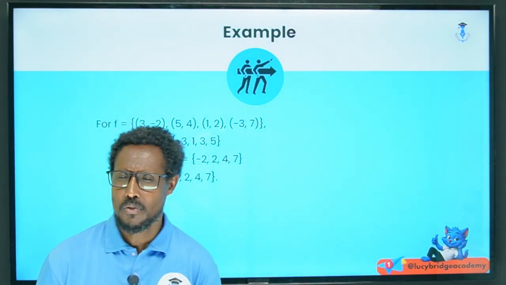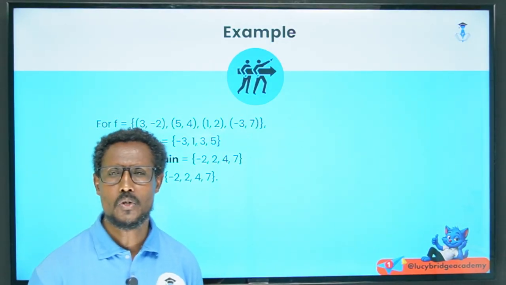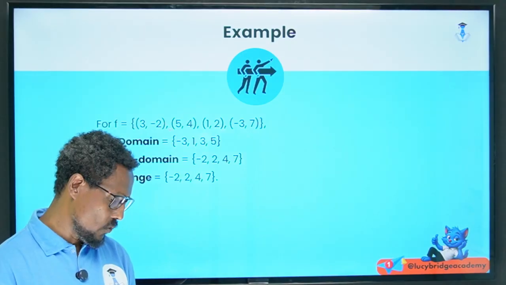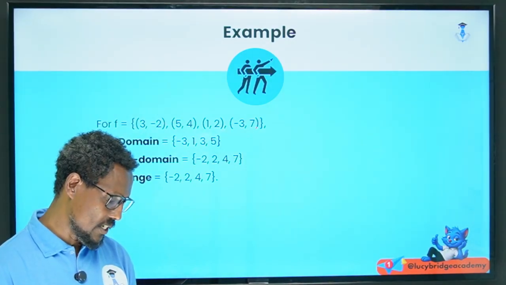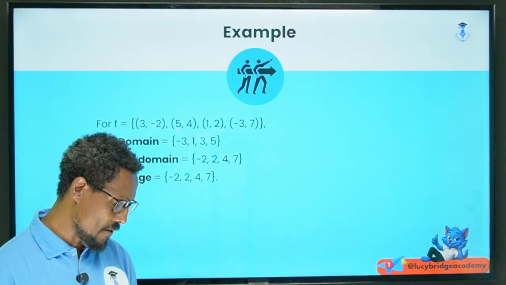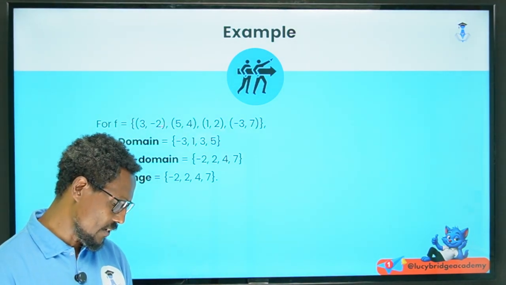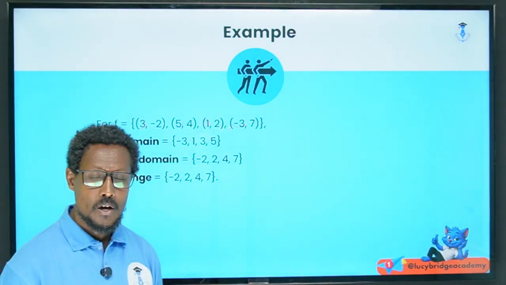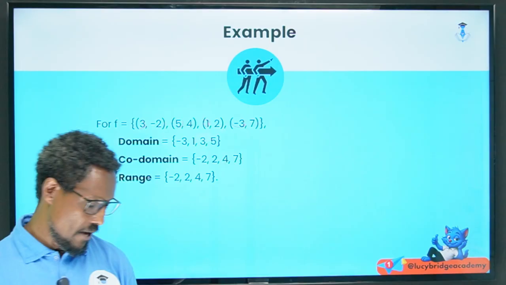Now let us see an example, to better understand the domain, codomain, and range. A function f = {(3, -2), (5, 4), (1, 2), (-3, 7)}. Is it a function first? Yes, 3, 5, 1, and -3 are all different, therefore it is a function.